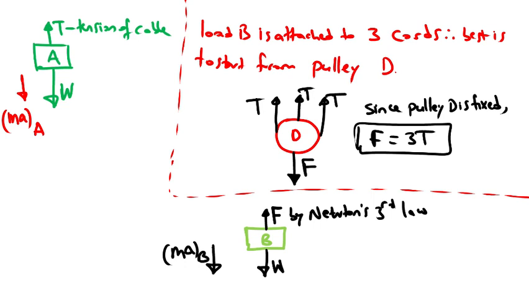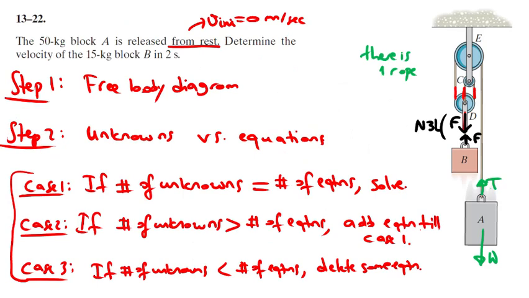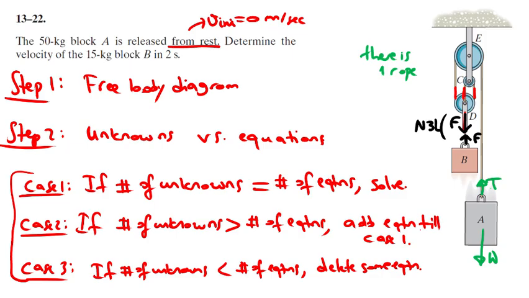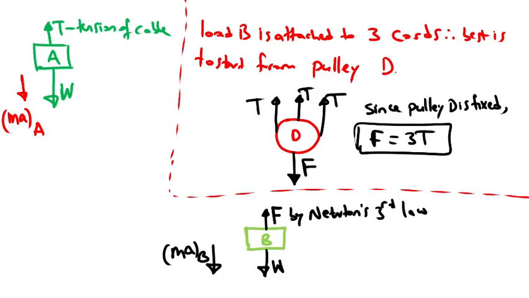Now the time is to write the equations, which is step 2, and then look for the unknowns versus the number of equations, and balance the number of equations and the number of unknowns. Let's start from A. First, let's select the axis.